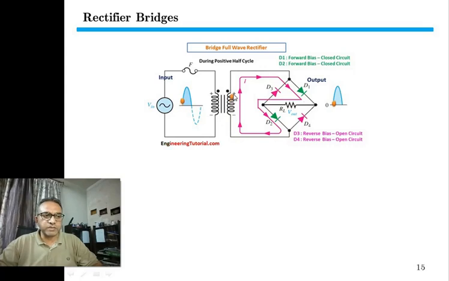And this dot, which represents the conventional current, first flows through D1, then through RL, then through D2, and then returns to the transformer. And the output voltage, we get a positive voltage across VL, that is the load voltage.